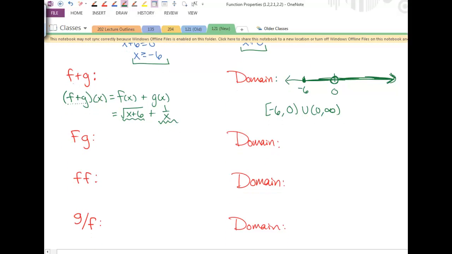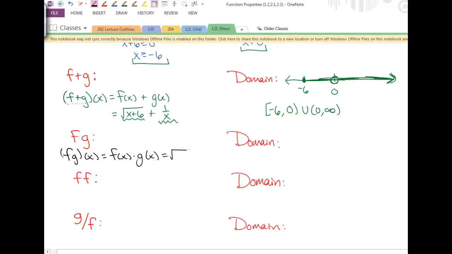I can do the same thing for f minus g. That one looks basically exactly the same, except there would just be a minus in place of all of those pluses. The domain of f minus g is also the same. I can do f times g. So here I'm doing f times g of x. And this is just the same idea. I'm just going to take f of x and g of x and multiply them together.